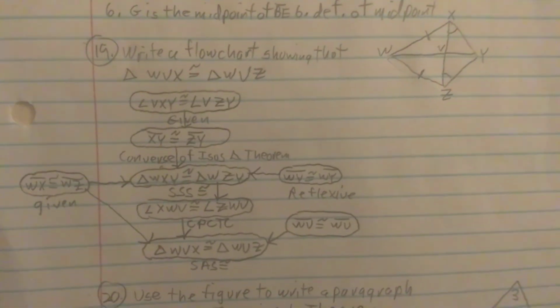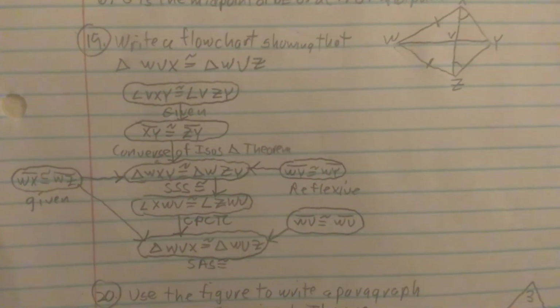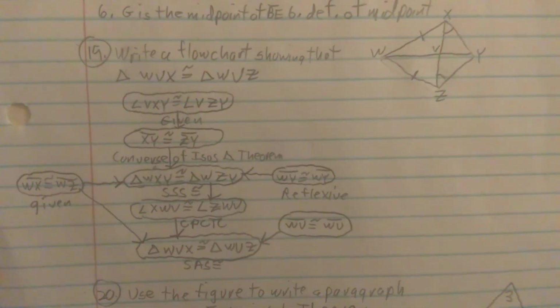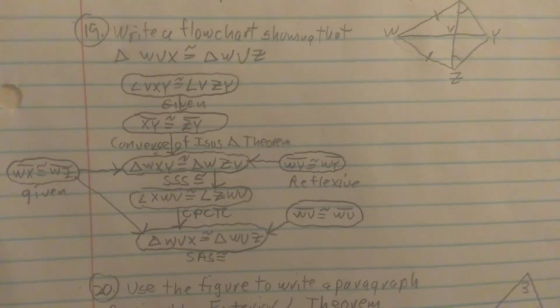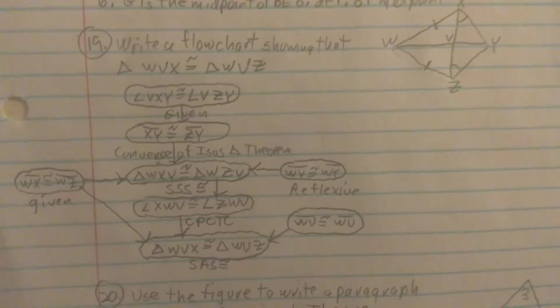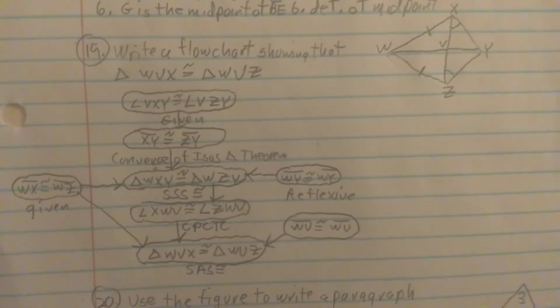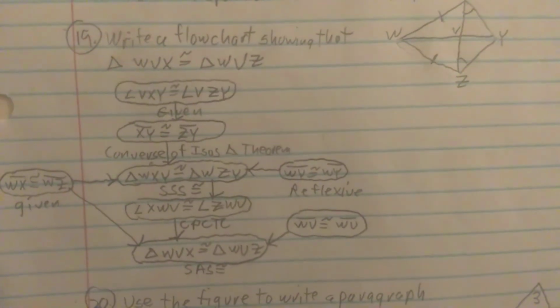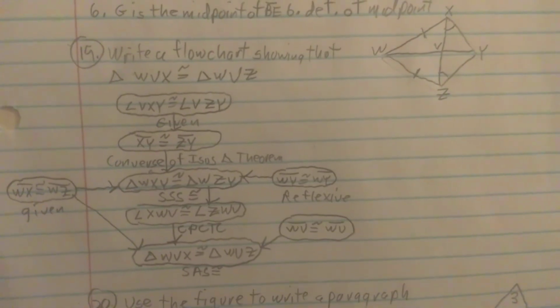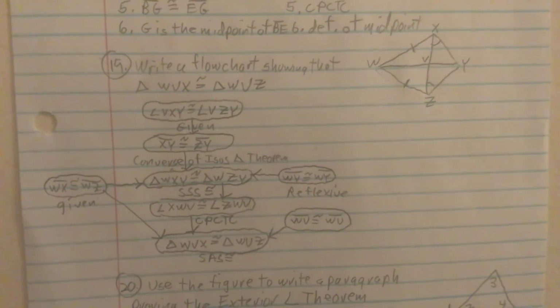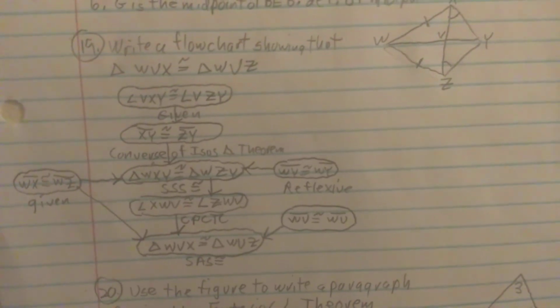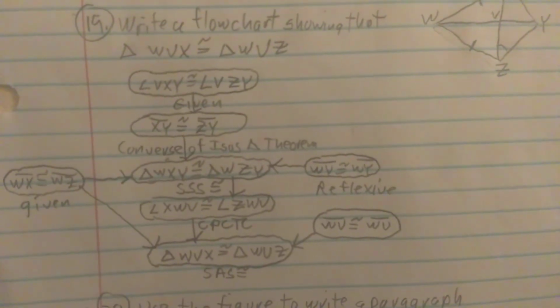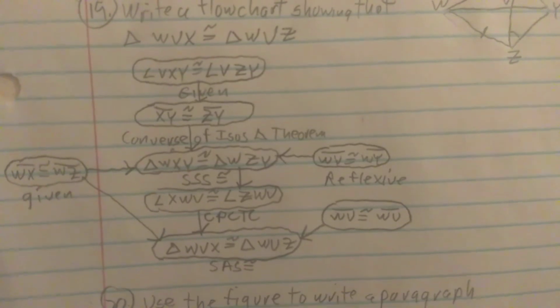Now 19 is to write a flowchart proof showing that triangle WVX is congruent to WVZ. Well, we start with angle VXY is congruent to VZY as a given because that's shown. And then we can say that the opposite sides, XY is congruent to ZY by the converse of the isosceles triangle theorem.